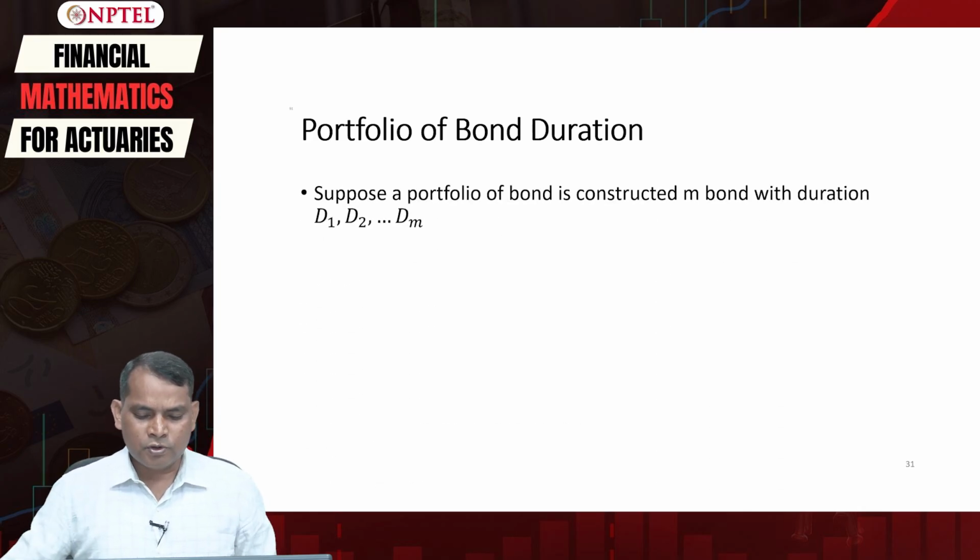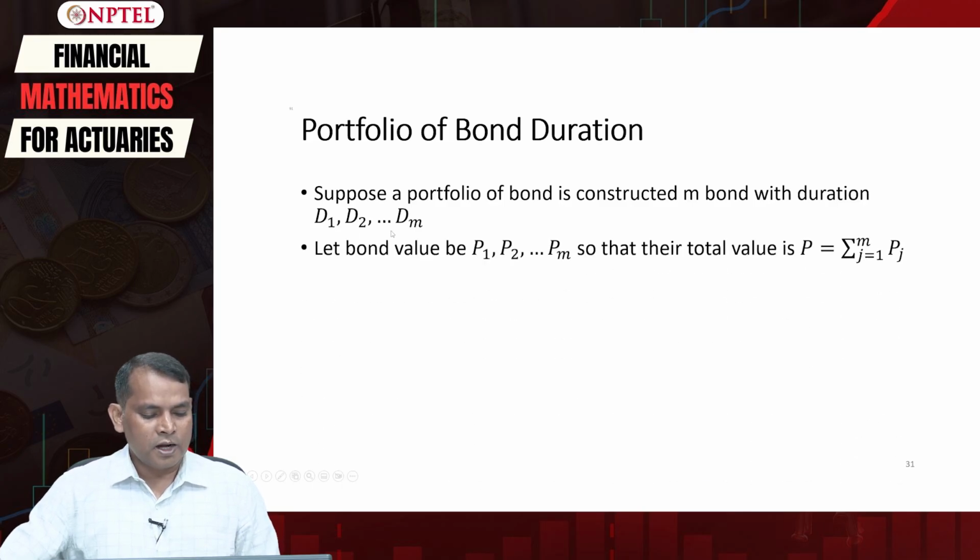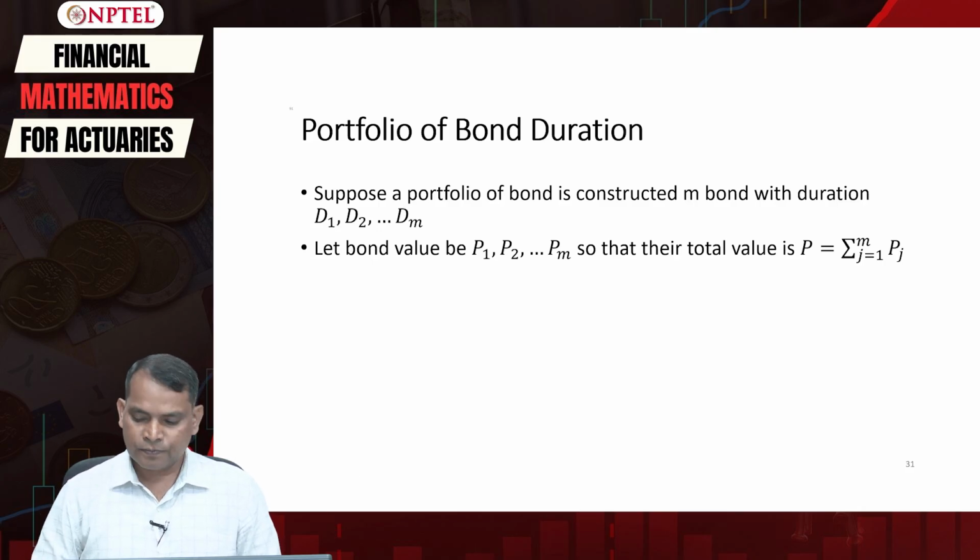Suppose a portfolio of bonds is constructed with durations d1, d2 up to dm, and let the bond values be p1, p2 up to pm, so that the total value is P equals the sum of pj.